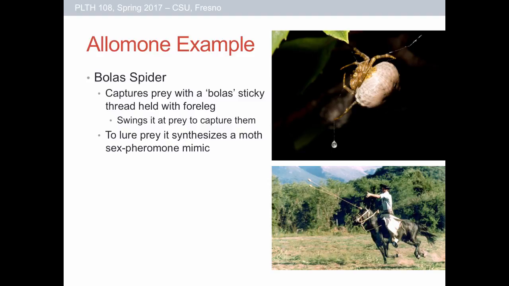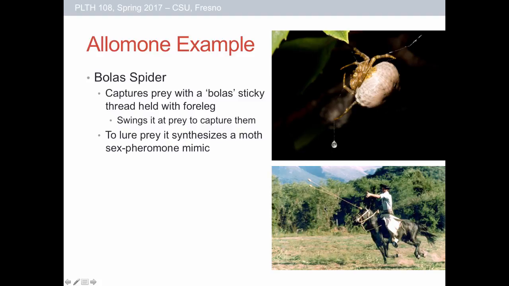A good example of an allomone would be something like the bolus spider. This is a spider that doesn't really catch prey in the conventional sense with a web. What it will do is hang out on a little web it makes, and it's a little hard to see, but it's got one leg extended, and from that it's got a little thread with a bead of adhesive on the end of it, which they call a bolus.